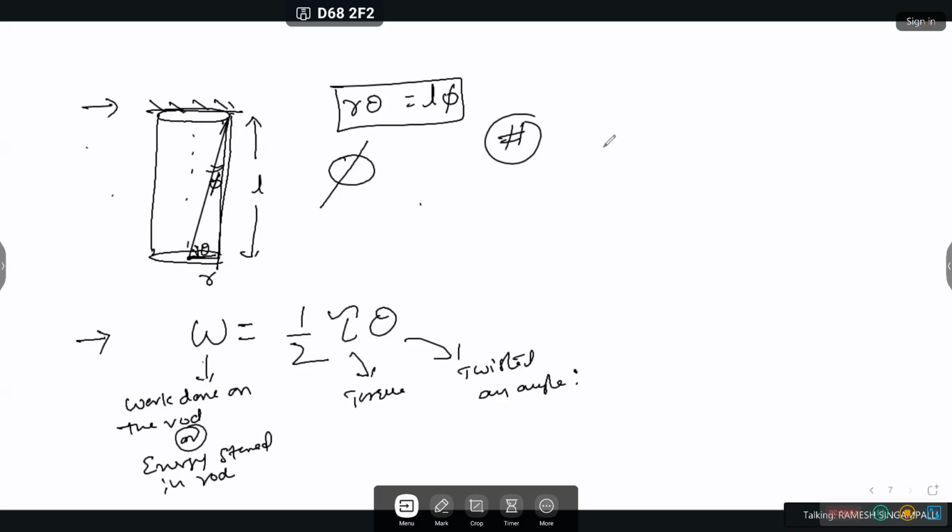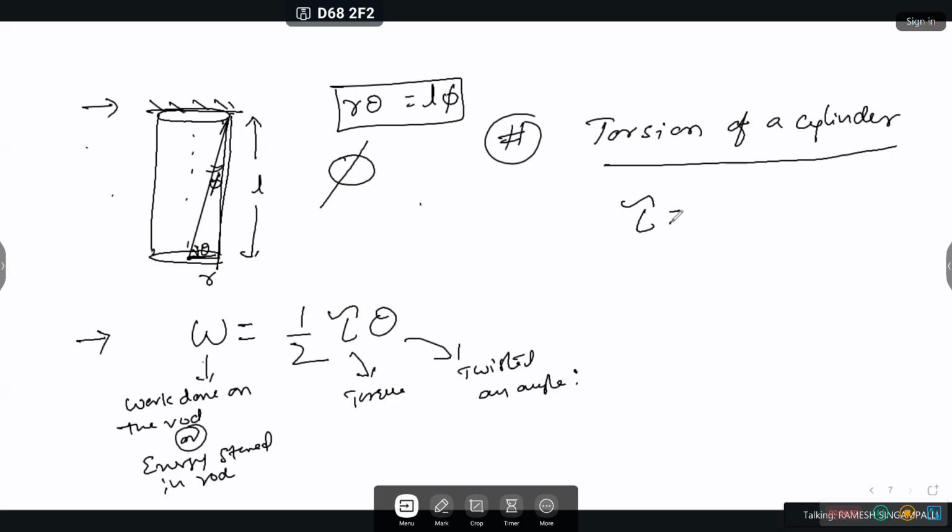Torsion of a cylinder. Write down. When one end of a cylinder of length L and radius R is twisted, tau is equal to pi eta r power 4 theta by 2L, where tau is the restoring torque, modulus of rigidity eta means rigidity.